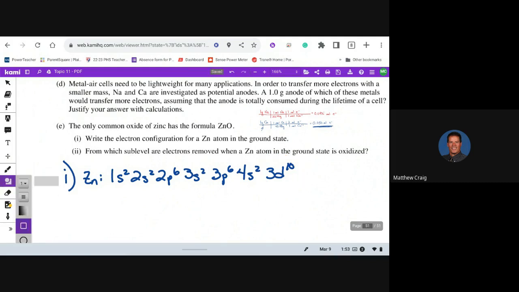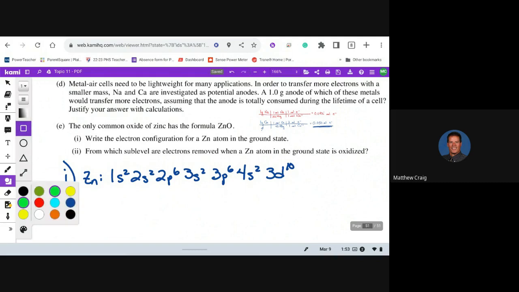It's not selfish. We always take electrons from the higher energy level first. And the rule is that if we can have a full d or a half-filled d, we're going to do that. So if you take an electron out of the 3d, the electron that was in the 4s is going to move over. So we're actually taking it from the 4s.